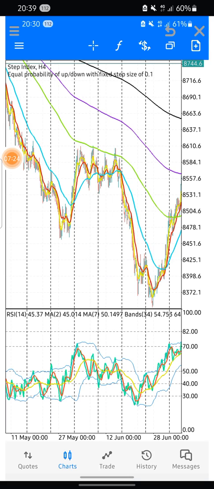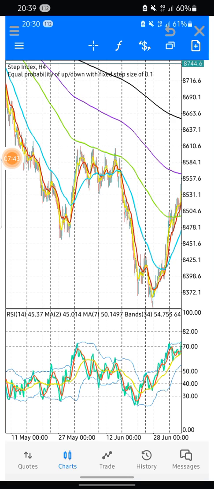On the traders dynamic index concept, we want to first look at what we call the TDI shark fin. I think I've talked about this in my last video, though I wasn't concentrating on the TDI.